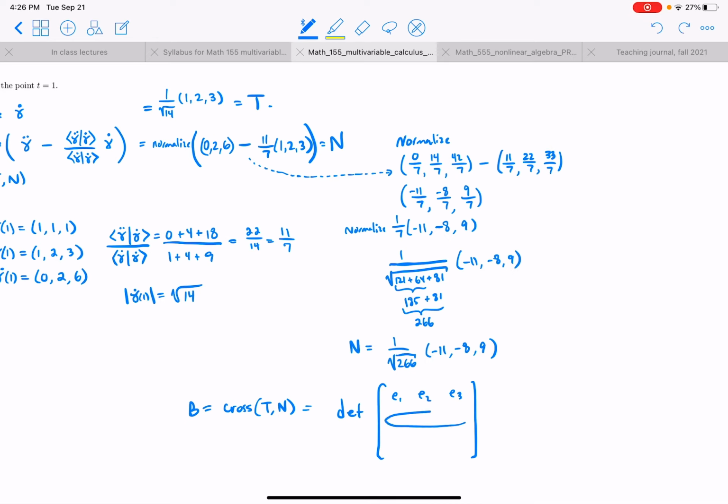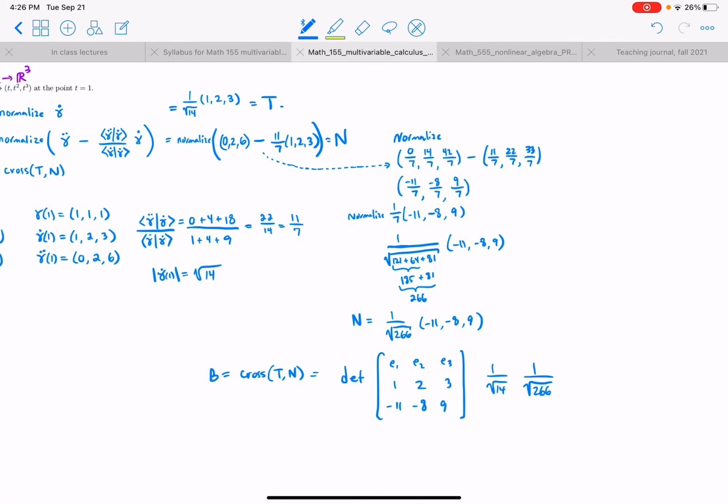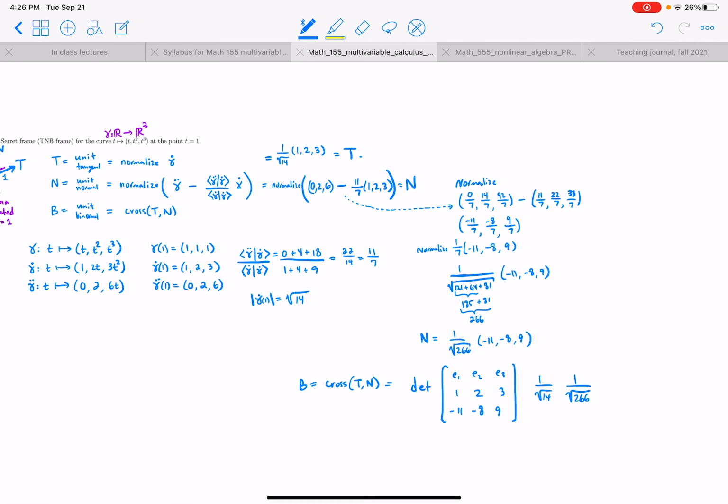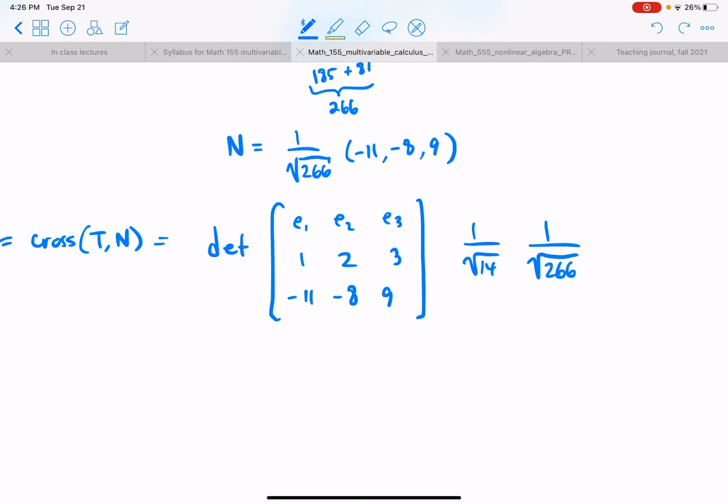Now the determinant is linear in each row, so I can pull the 1 over square root of 14 out and put the 1, 2, 3 there. Same for n. Now n has to go here, but the determinant is linear in the rows, so I can pull out the scalar and put negative 11, negative 8, 9. Of course, on a computer, I would have just typed this, and it would have done this all for me. But we can do it.